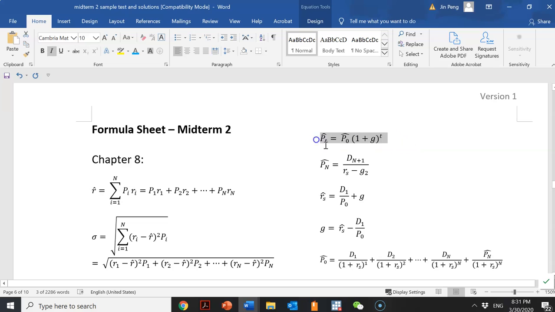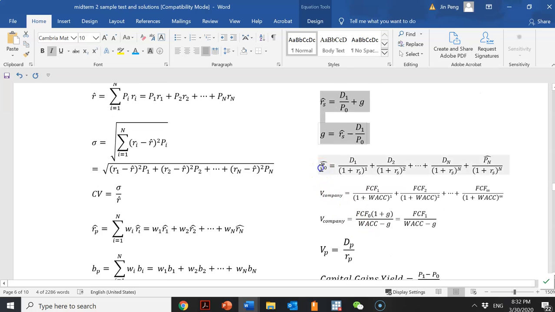And this equation tells us that if price grows at the rate of g, then Pt equals P0 multiplied by 1 plus g to the power of t. Pn equals Dn plus 1 over Rs minus g2 for the two-stage model. Rs equals D1 over P0 plus g. g equals Rs minus D1 over P0. These two are the alternative versions of the original constant growth model. And this is the two-stage model.